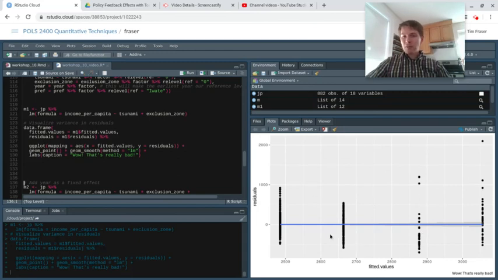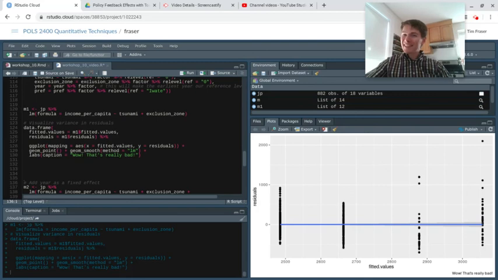We're seeing kind of a fan shape happening, okay? Fan, bad news.